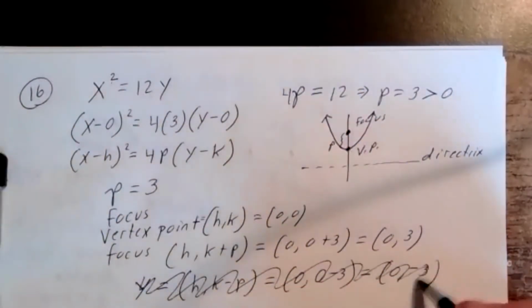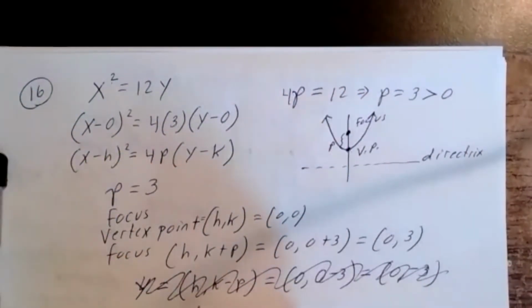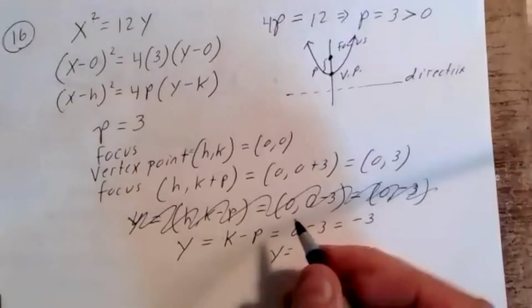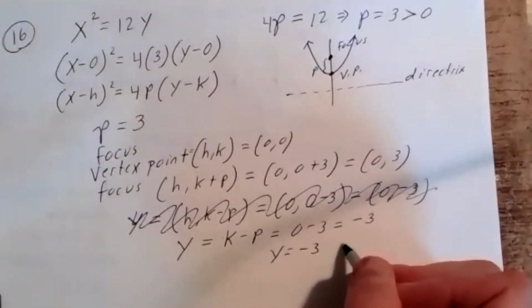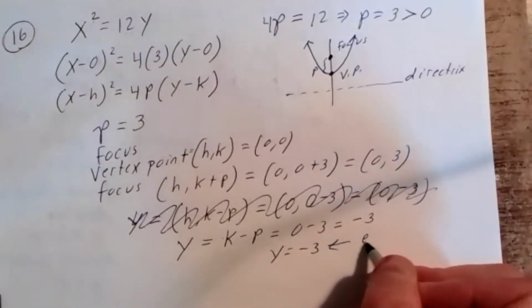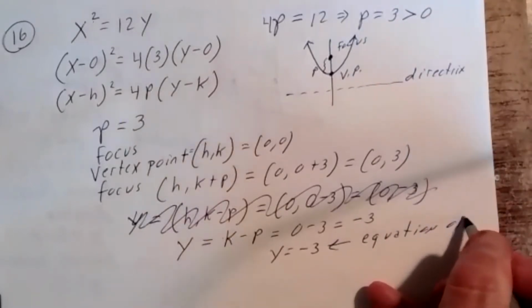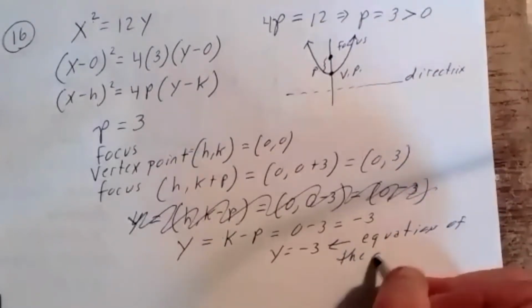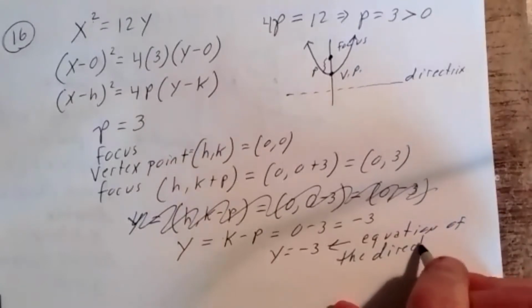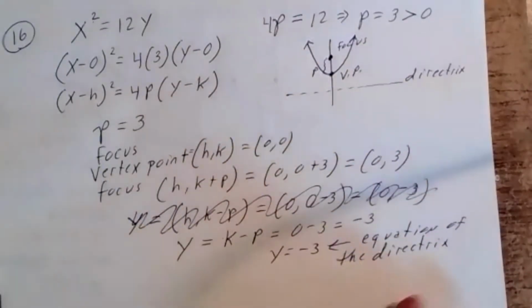The equation of the directrix is y equal to the y coordinate of the vertex point decreased by p. So y would have to be equal to 0 minus 3, which is saying y equals negative 3. So y equals negative 3 is the equation of the directrix.